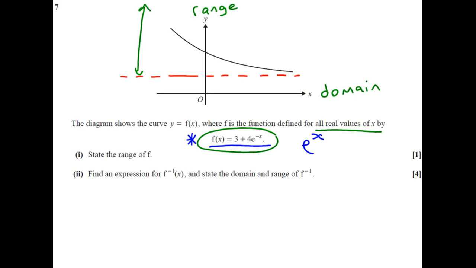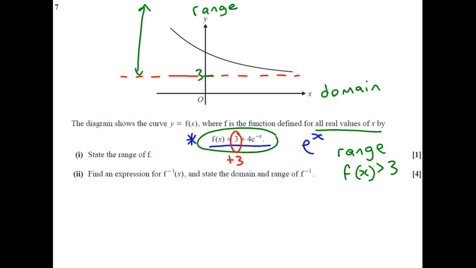It's been reflected, it's been stretched, and the one that we care about is it's been translated in the y direction by 3. So that means this value is 3, and our function can take any value above 3, but not including 3. So our range, we can just write f of x is greater than 3. That's it for 1 mark.